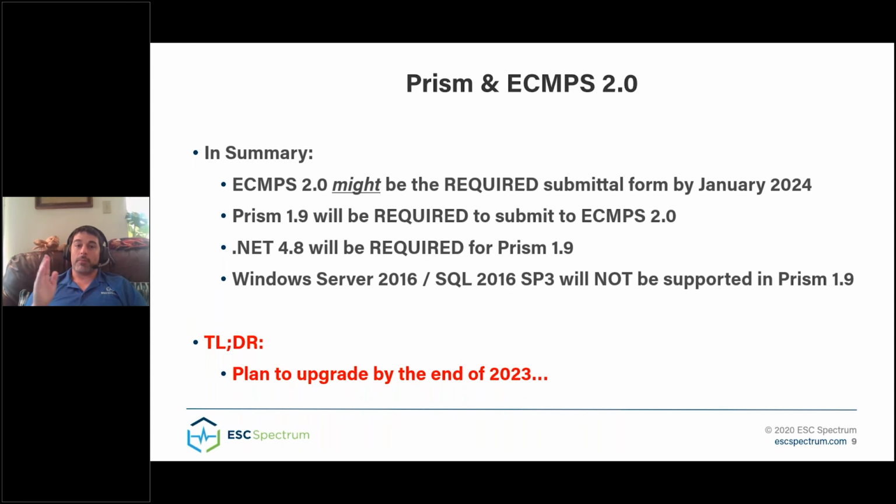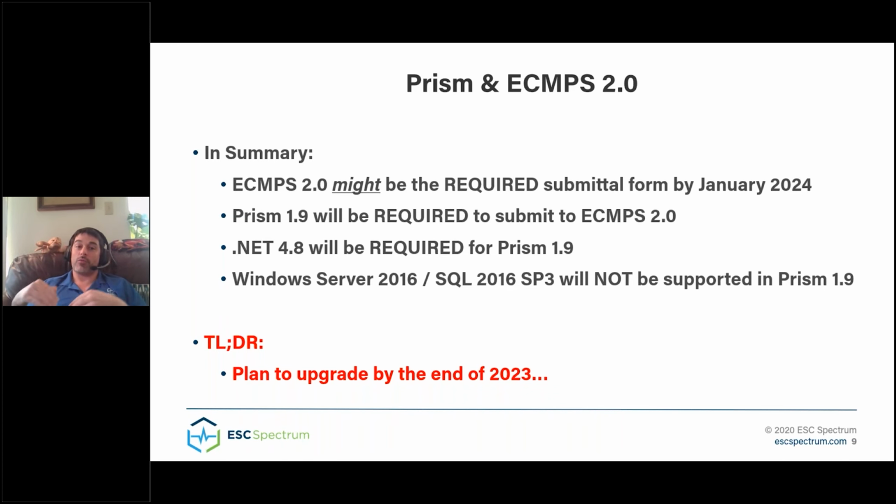So in summary, ECMPS 2.0 might be required for submittal by January 2024. That is out of our hands. Prism 1.9 will be required for you to meet that requirement of ECMPS 2.0.